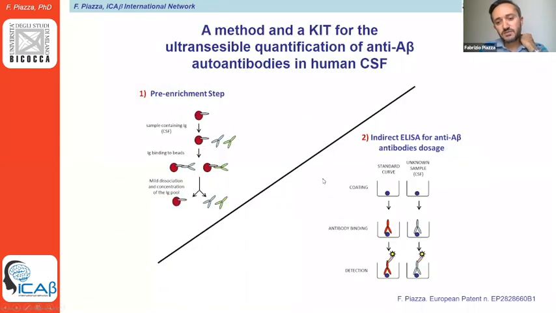And so I spent 2 years in the lab trying to set up an ultrasensitive technique for the detection of these anti-A-beta autoantibodies, because they are present in a very low concentration in the CSF. And so it was impossible to detect these antibodies in patients by regular ELISA.